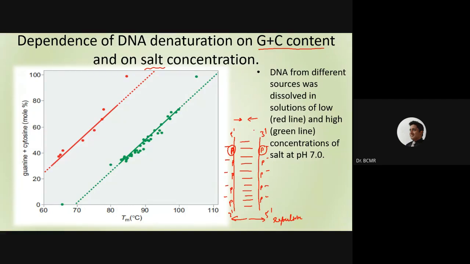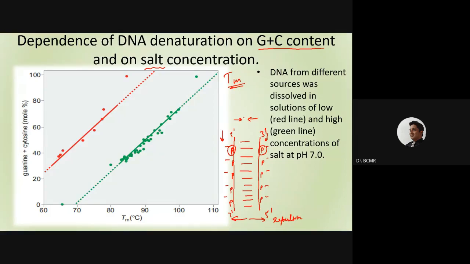So now what do you think will happen if I neutralize the negative charge here? What do you expect? Will it denature fast, or will it denature slowly? What will happen to its melting temperature? I will repeat the question if you didn't understand it.